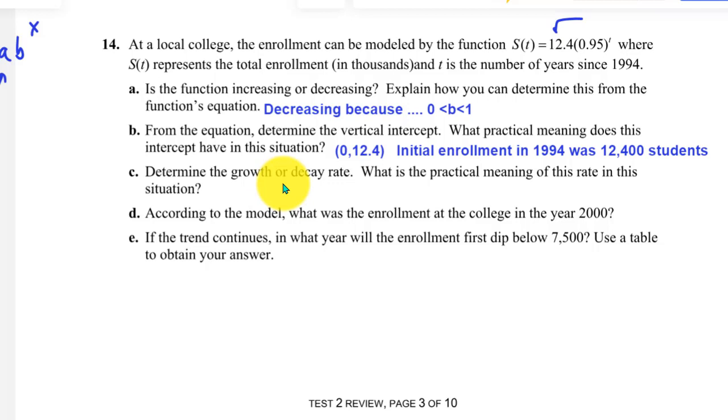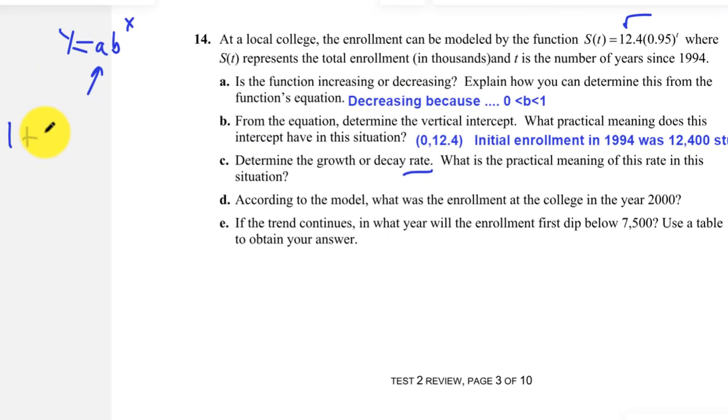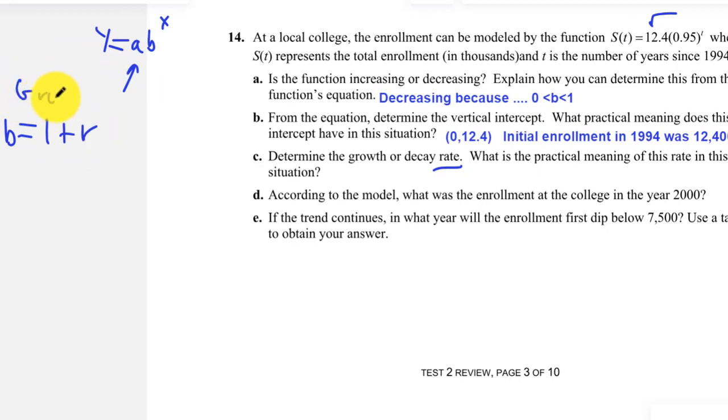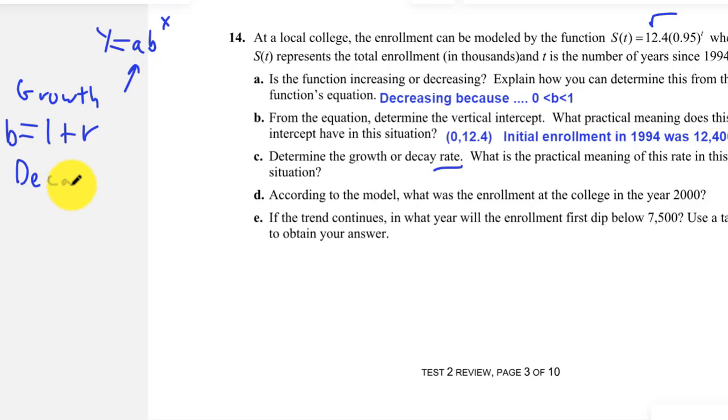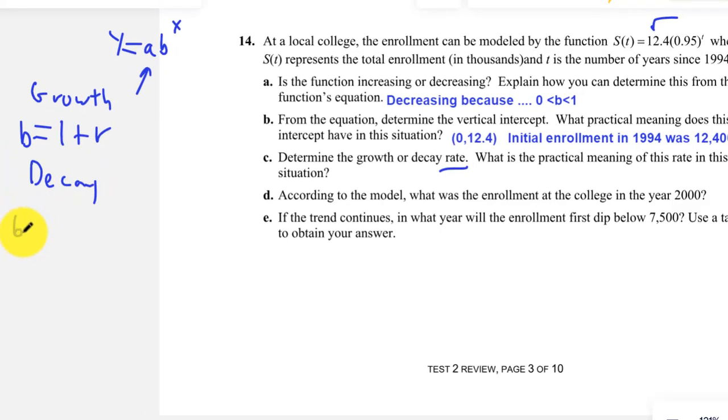Okay, determine the growth or decay rate. All right, be careful. There's a difference between rate and factor. Right, so we have this formula b equals 1 plus r. That's for growth, and for decay, we use the formula b equals 1 minus r. Okay, so remember, the b was given to us at 0.95 equals 1 minus r.